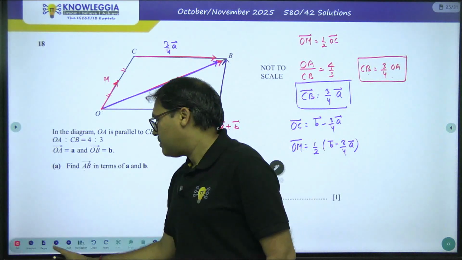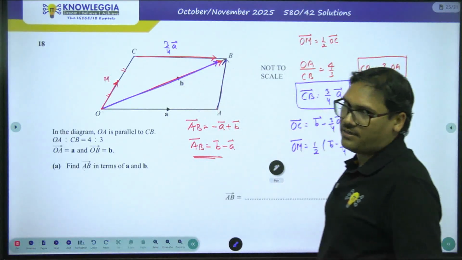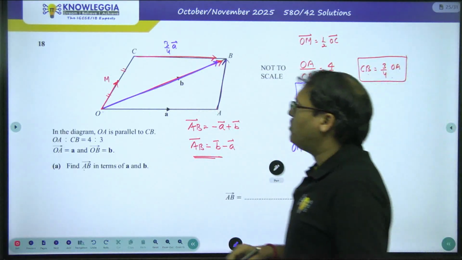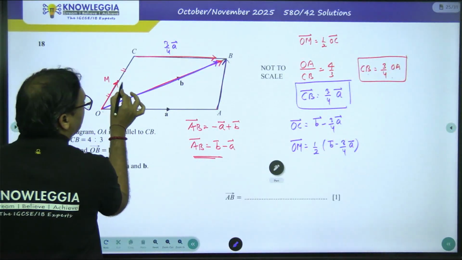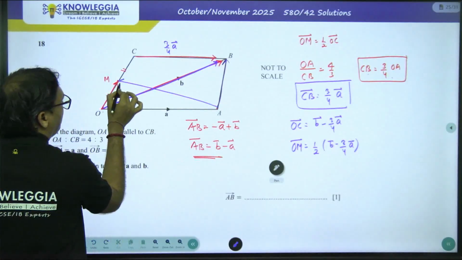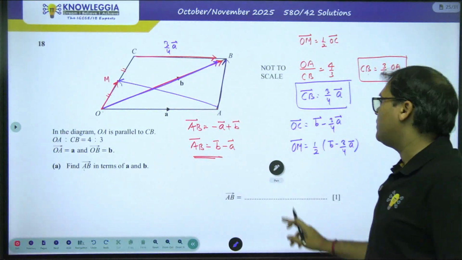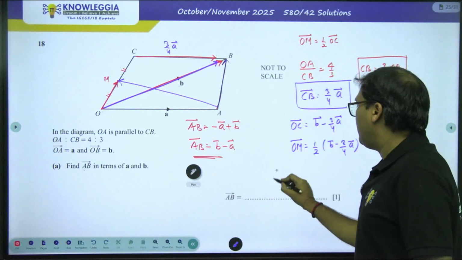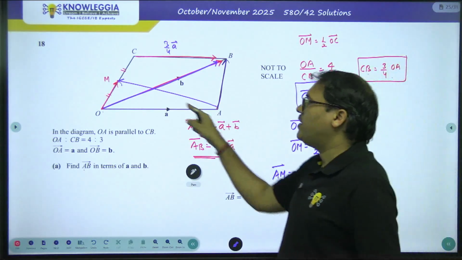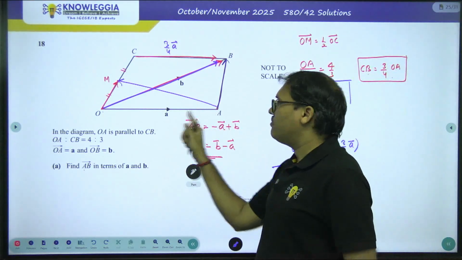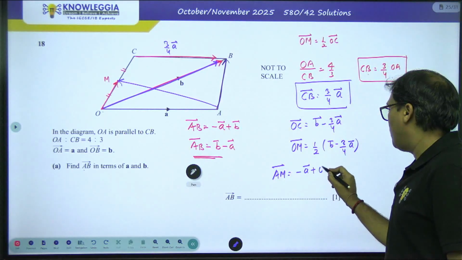Now, the question is asking you AM vector. How will I get AM vector? If you know OM vector, I can easily find AM. Now see, AM vector is equal to, we are going from A to M, this is the same as minus A plus OM vector.